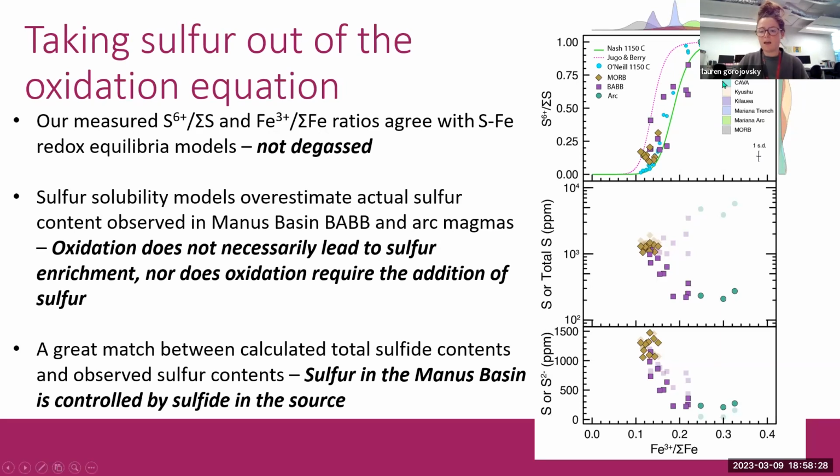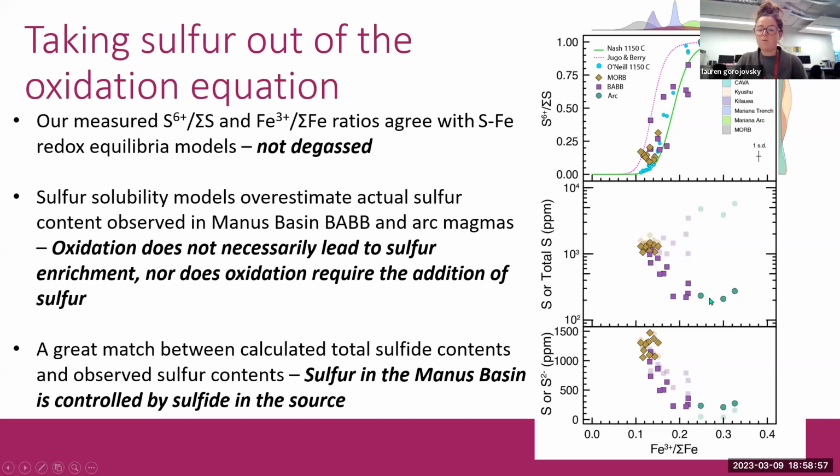At the top here, I have my measured sulfur ratios and my measured iron ratios, and I've compared them with current models relating sulfur and iron redox equilibria. First of all, this reiterates that these samples are not degassed or unlikely to be degassed, because degassing should lead to a reduction in both the sulfur and iron ratios.